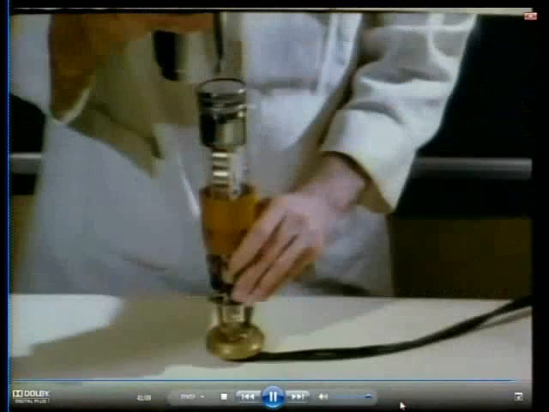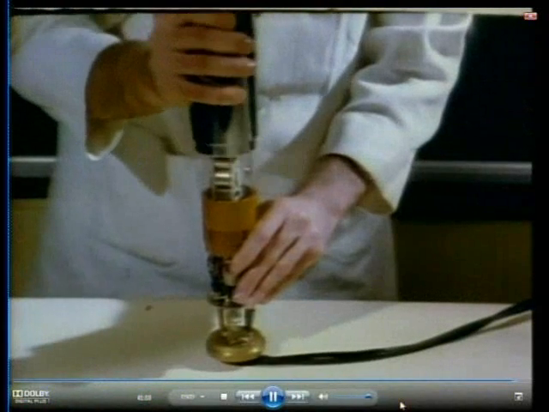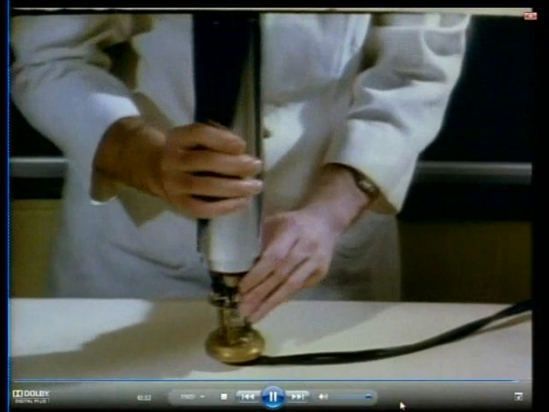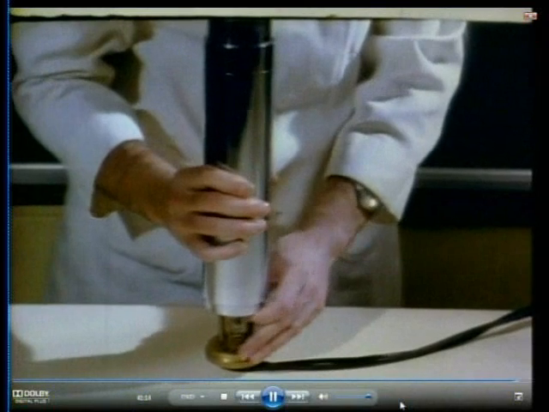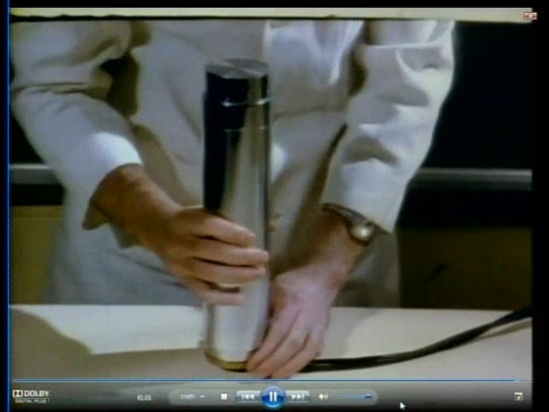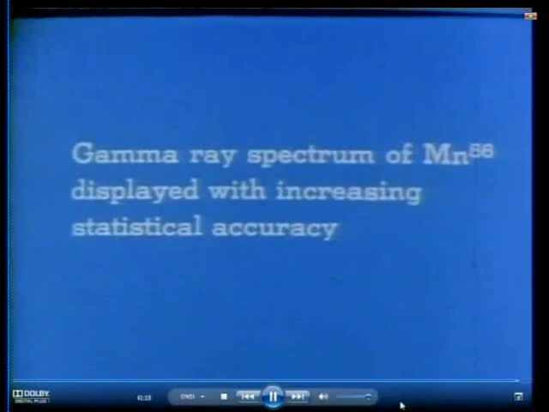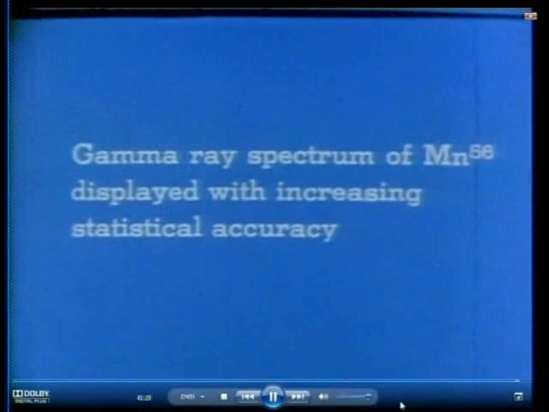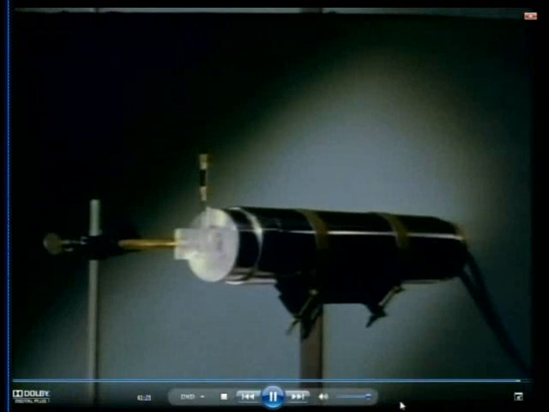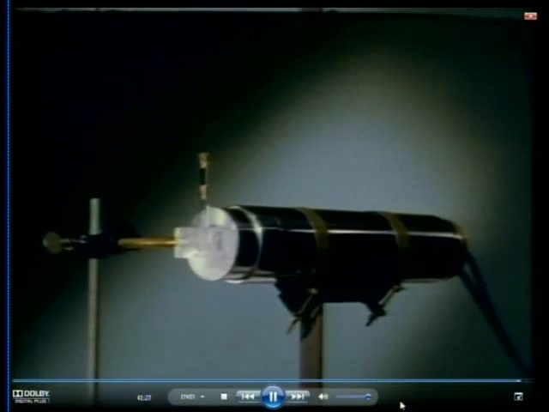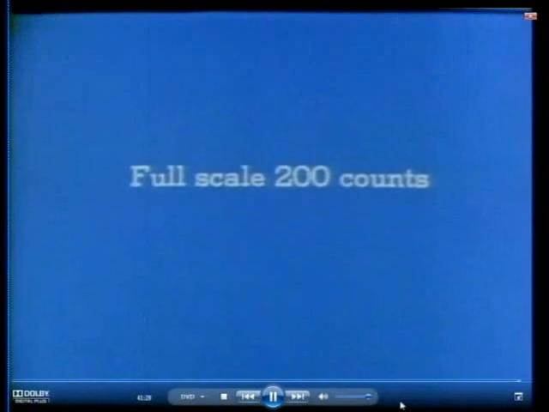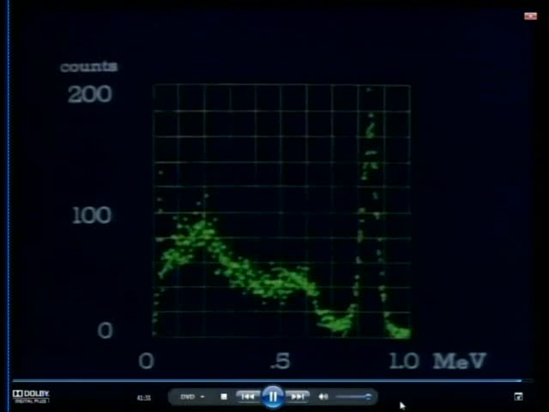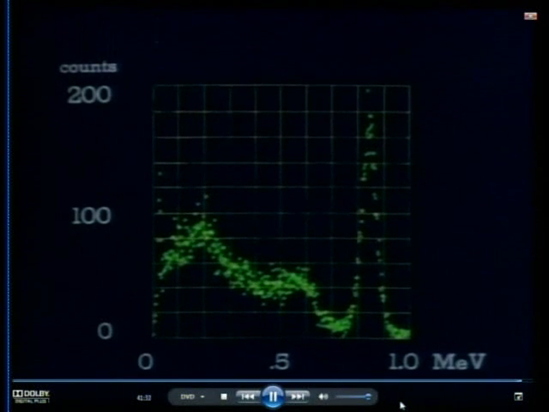Now he covers the whole assembly with a steel shield. We will display the spectrum of manganese 56. In the range we are observing, there is only one gamma ray of energy 0.85 MeV.